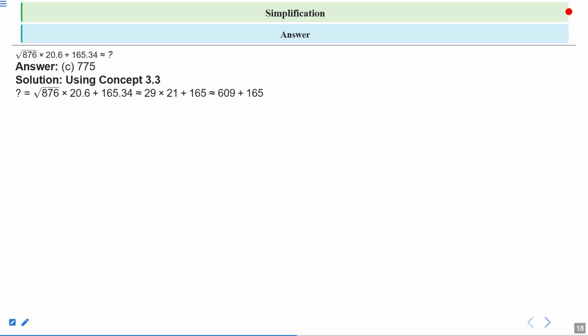So 29 multiplying by 21 plus 165.34, we take it as 165. When we multiply 29 by 21, we get 609, plus we add 165. So we get 774, which is approximately equal to the third option, 775. So that's why C is the correct answer in approximate value. Next one.